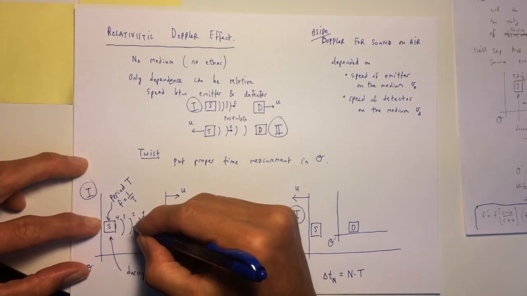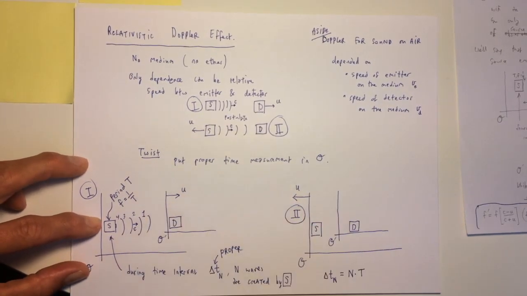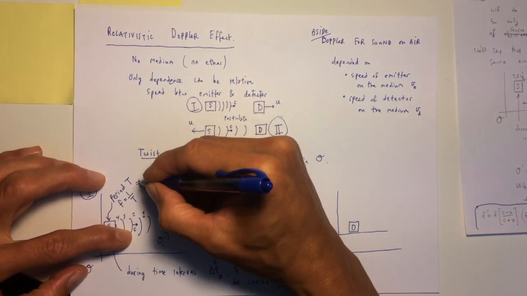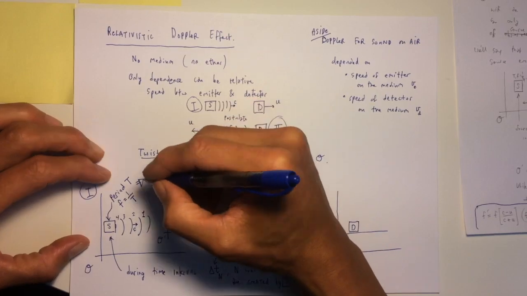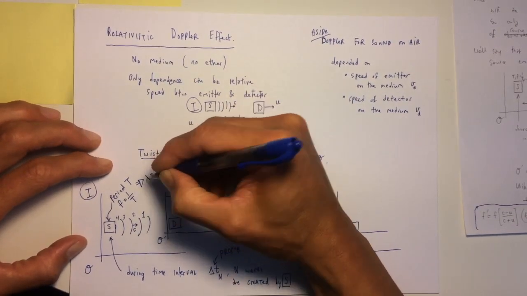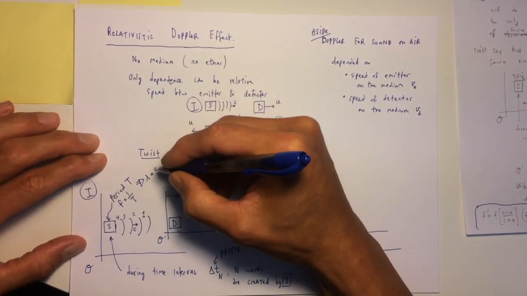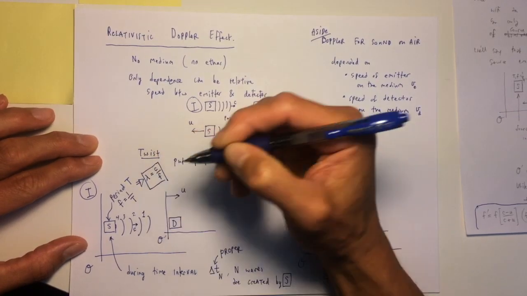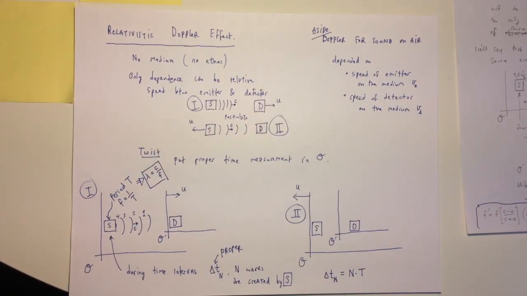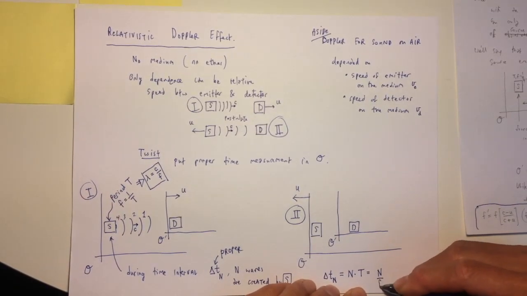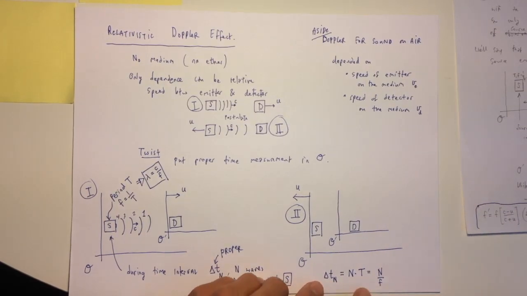Furthermore, because these wavefronts move at the speed of light, I'll remind you there's a basic relationship that the wavelength is equal to the speed of the waves divided by the frequency. This is a basic wave relationship here. Okay, so back over here, this is n divided by the frequency, right?